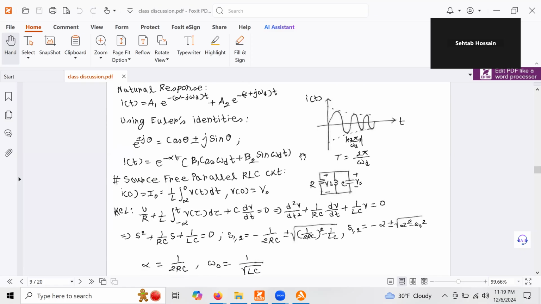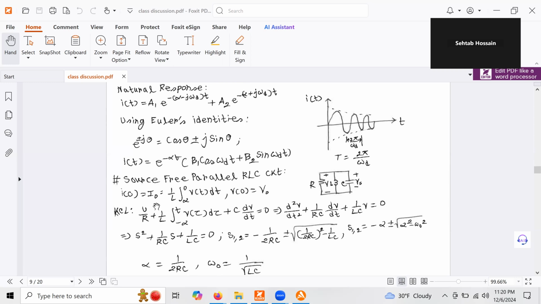So let's talk about the parallel RLC circuit, the source-free parallel RLC circuit. All are parallel over here. Then the expression will be just like this. This is the initial current across the inductor, and V0 is the initial voltage.